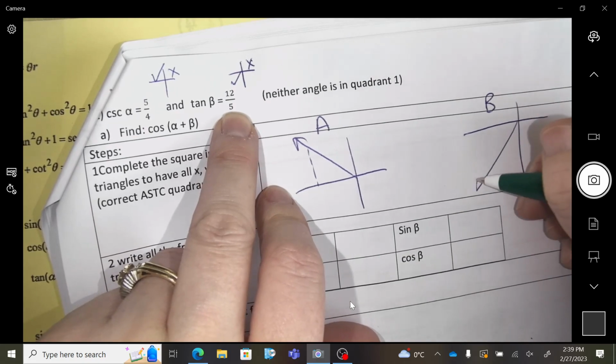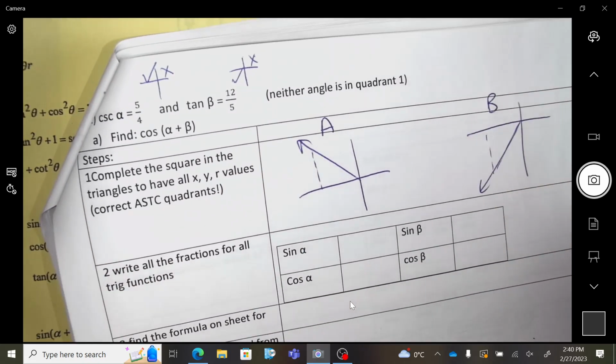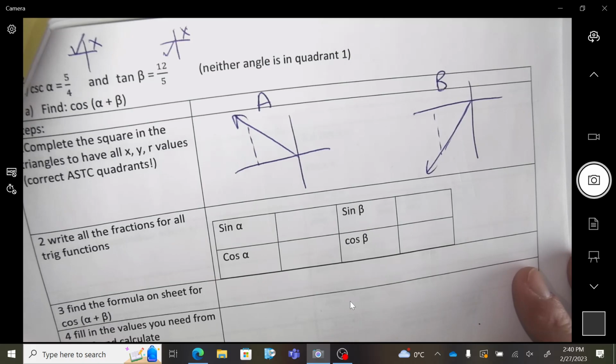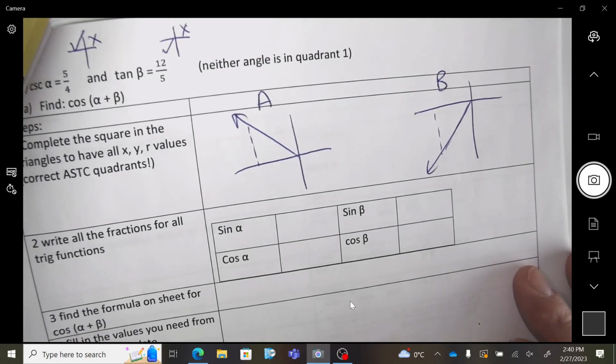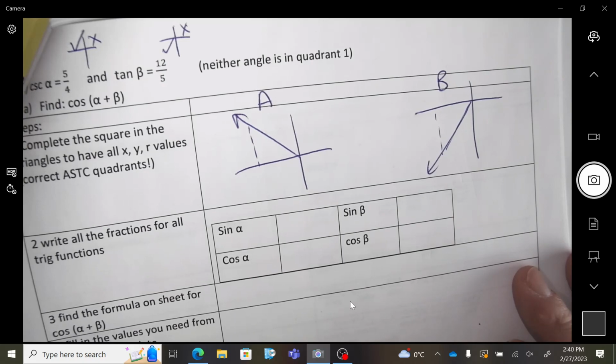So that angle happens to be in quadrant 3. If you were to add those together, which quadrant do you think the final angle would be in? Quadrant 4? Yeah.